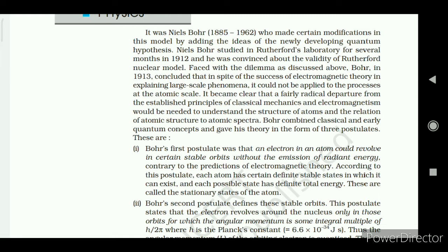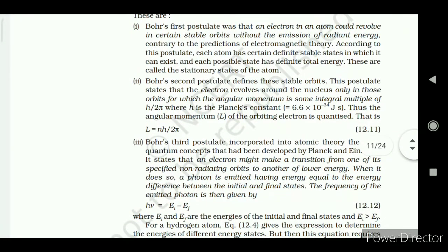The size of the innermost orbit, that is n equals 1, can be obtained as r is equal to h square epsilon naught upon pi m e square. This is called the Bohr radius, represented by the symbol A0. Thus, A0 is equal to h square epsilon naught upon pi m e square. Substitution of values of h, m, epsilon naught and e gives A0 equals 5.29 into 10 to the power minus 11 meter. It can also be seen that the radii of the orbits increase as n squared.